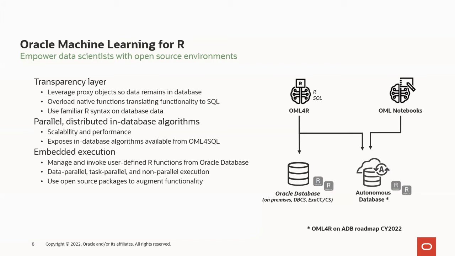User-defined R functions can be invoked to be run in R engines spawned and controlled by the database environment. Embedded R execution also enables data parallel and task parallel processing. For example, an open source machine learning model can be scaled to large volumes of data for making predictions by requesting that multiple engines respond to process chunks of data in parallel. OML also provides all the supporting infrastructure to simplify your application implementations.